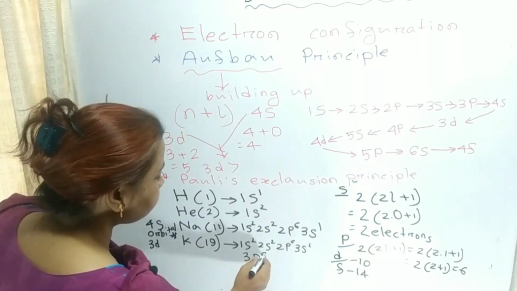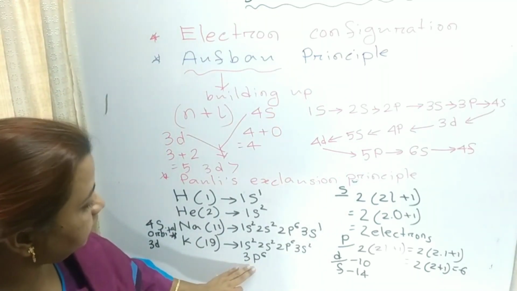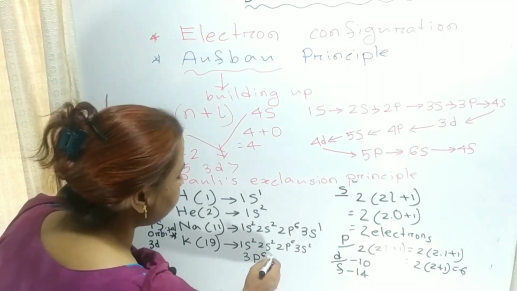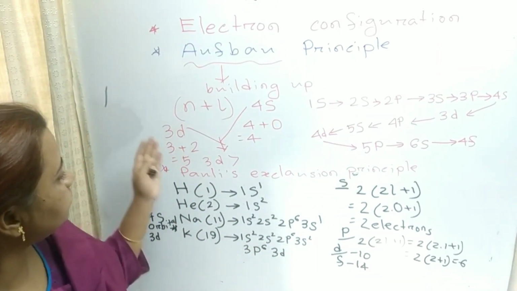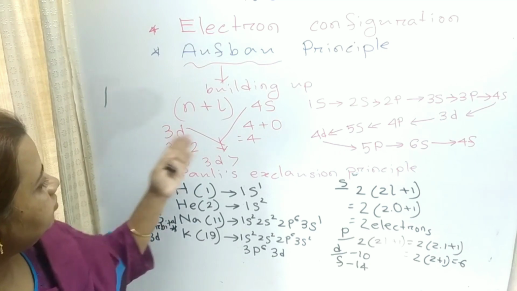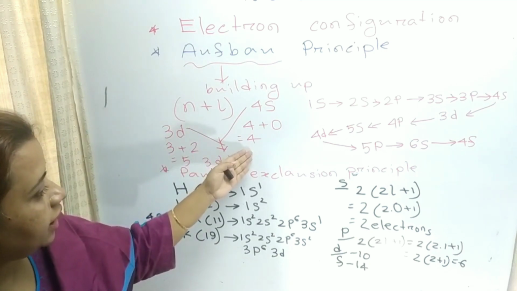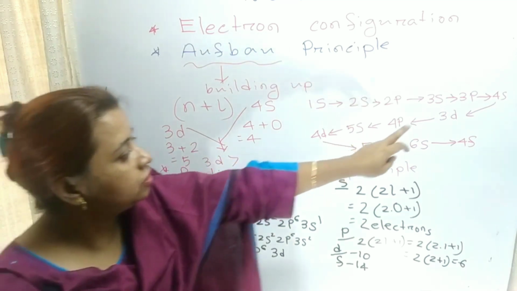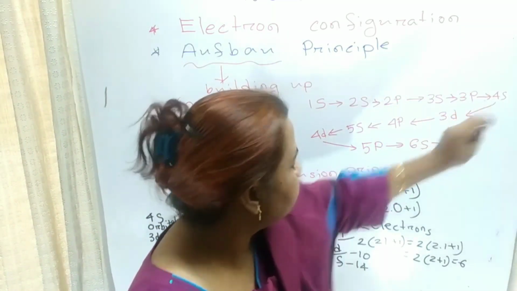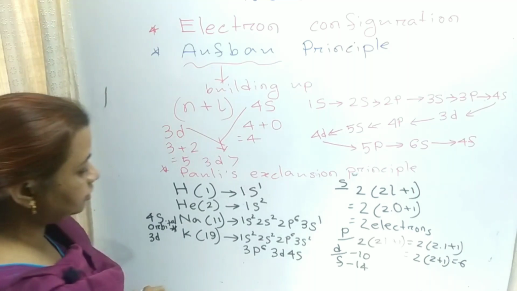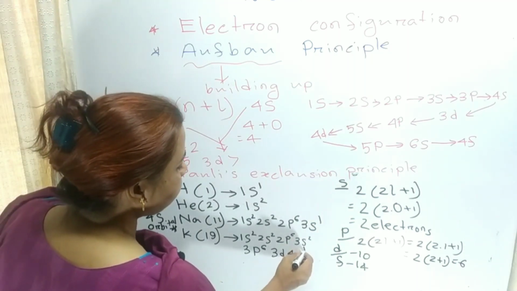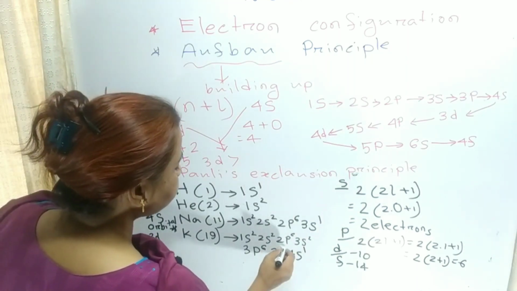Total 6. 3p6. Then the electron is supposed to enter into 3d, but I told you that 3d is a higher energy level, and 4s is a lower energy level. So, at first the electron will go to 4s after 3p. At the 4s orbital, only 1 electron is left. This electron will enter into the 4s orbital, 4s1.